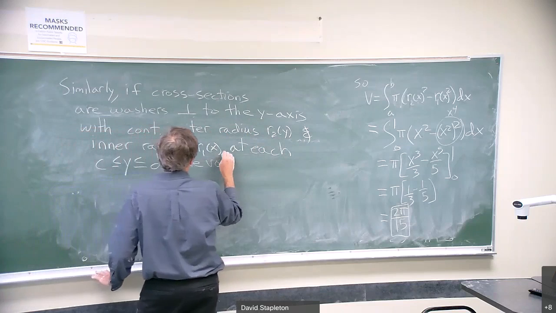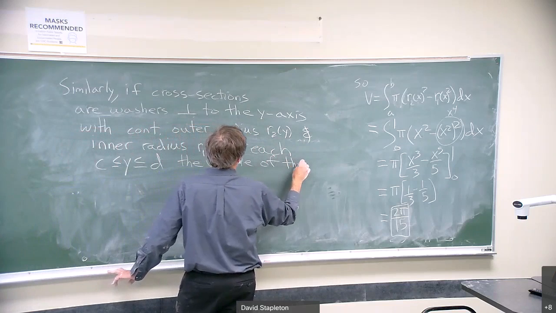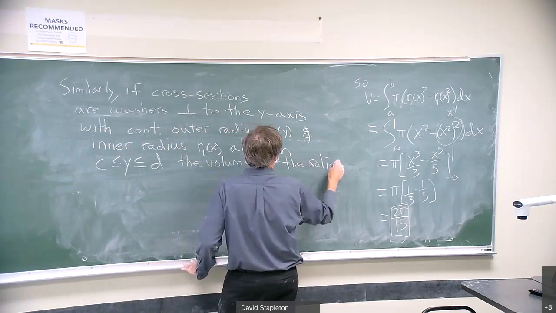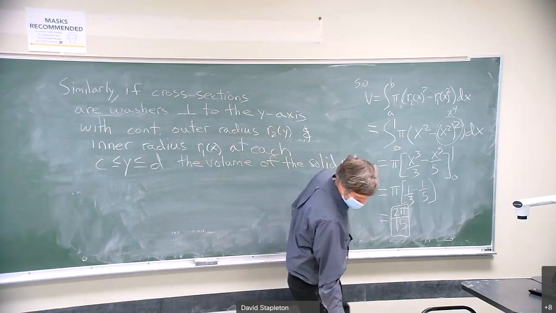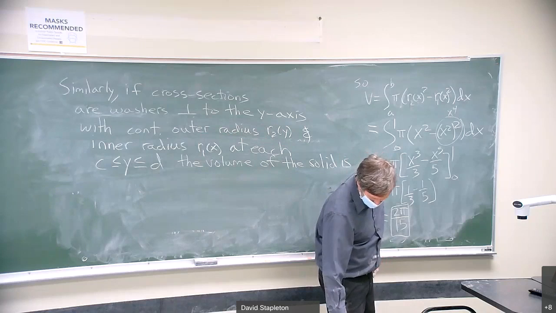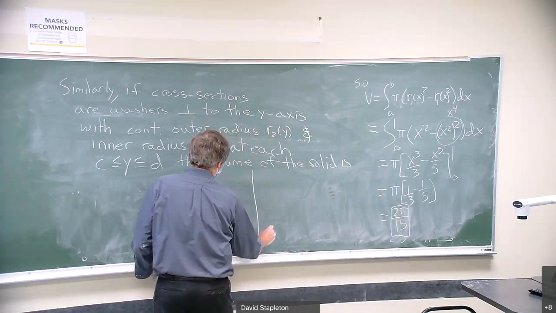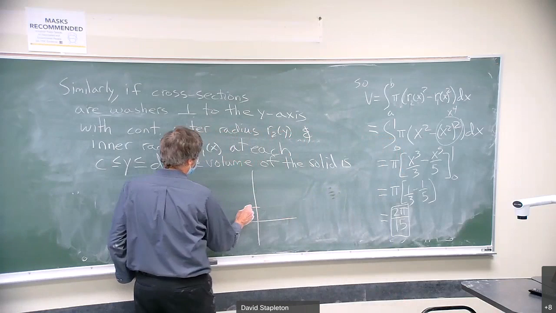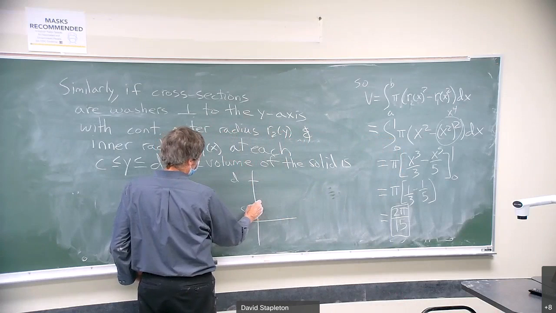The volume of the solid is what? It's the same formula. Let's draw this picture just so we can see what we're doing. Y goes from c to d. Each cross section is a washer.